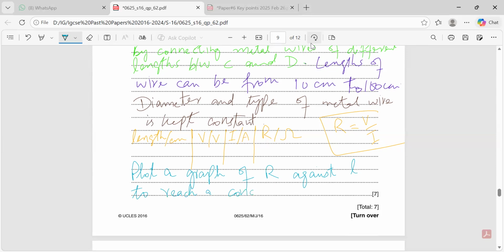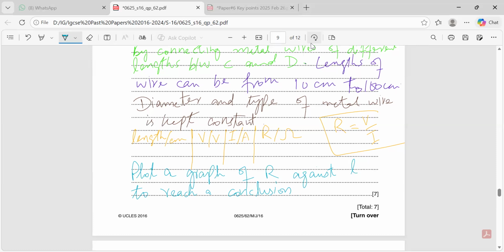Mostly they will ask you, so better to write this point also. And see, I have written resistance, which is the dependent variable. Dependent variable is always on the y-axis. So that's why it is better in the beginning to identify which is dependent and which is independent variable. So dependent variable on y-axis, length is independent, so that will be on x-axis. So plot a graph of R against L. It means R on y-axis and length on x-axis to reach a conclusion.